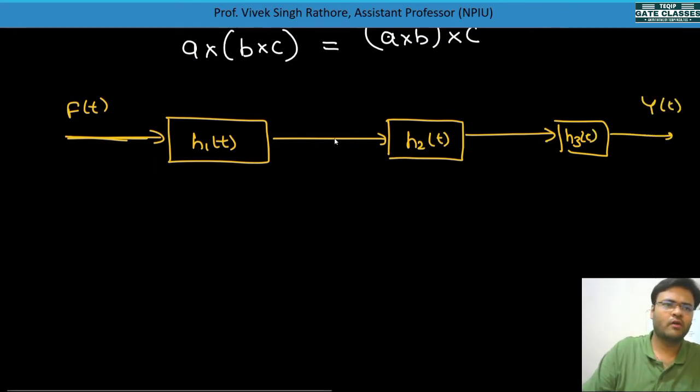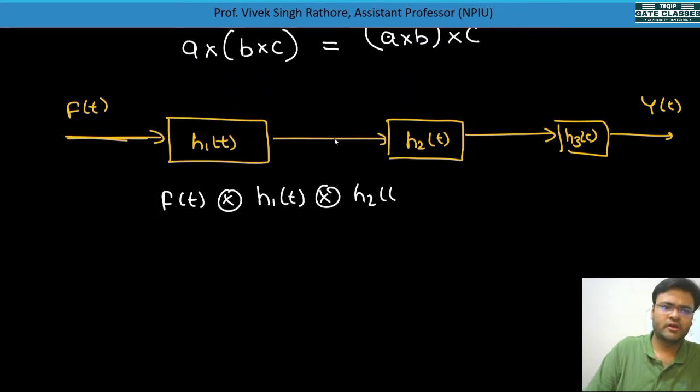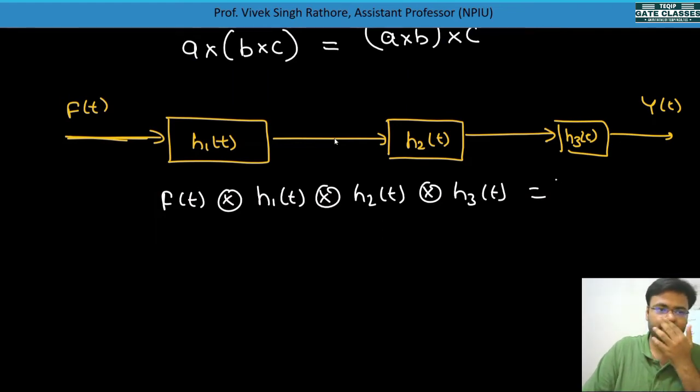So here you can say that f(t) is convolved with h1(t), then convolved with h2(t), then convolved with h3(t), and you are getting output y(t). So it can be associated, you can also do it like this. No problem.